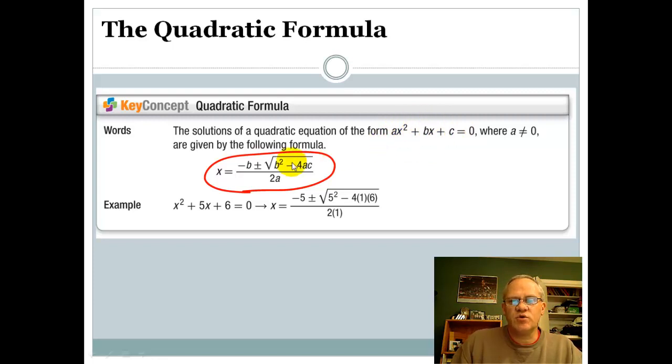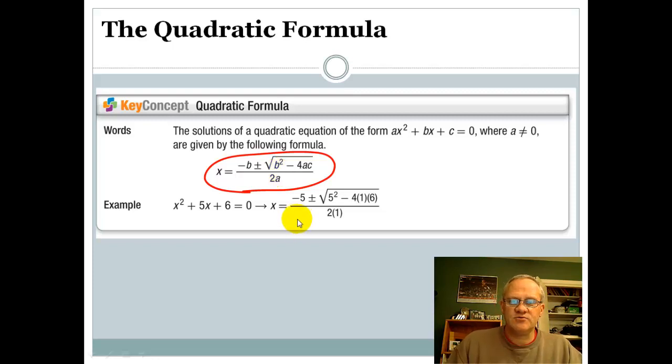When I solve this, where do all those a's, b's, and c's go? And this is where they end up. It's kind of a long, complicated process, so I'm not going to go through it. But if you have this memorized, then you can just take these numbers from the original equation and plug them into the formula and work that out. And we'll go through a few of those examples.